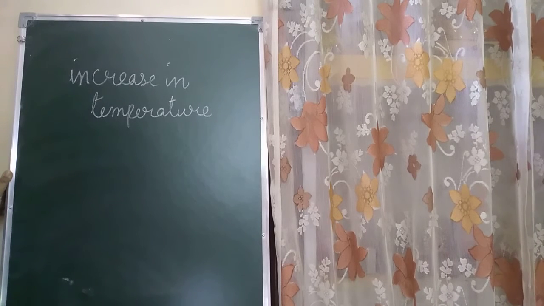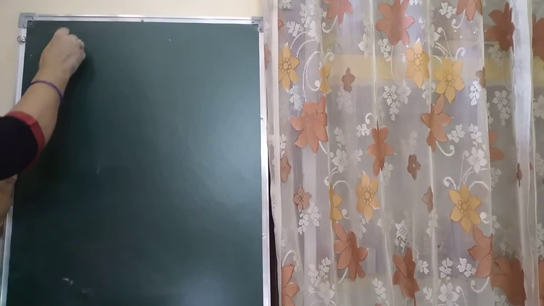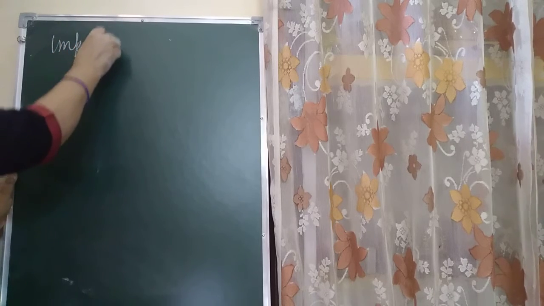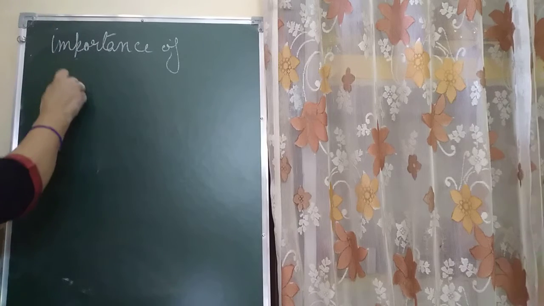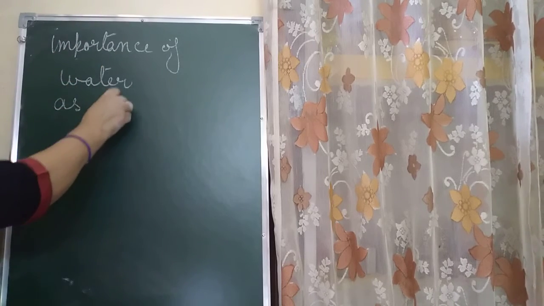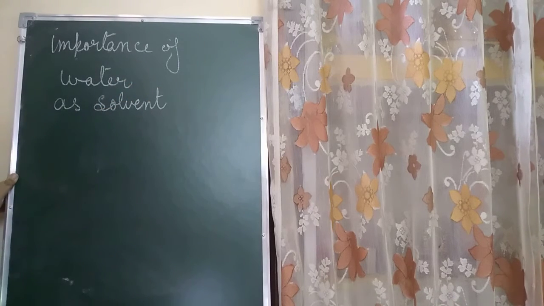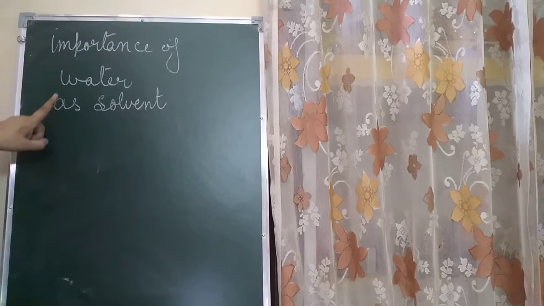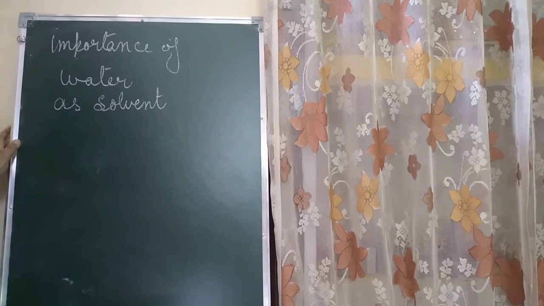Now, what is the importance of water as a solvent? It is because of its property of dissolving a large number of substances that water is so essential for life.